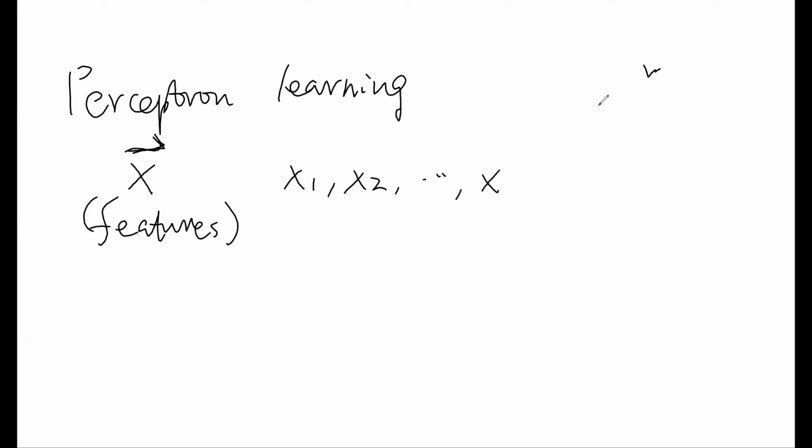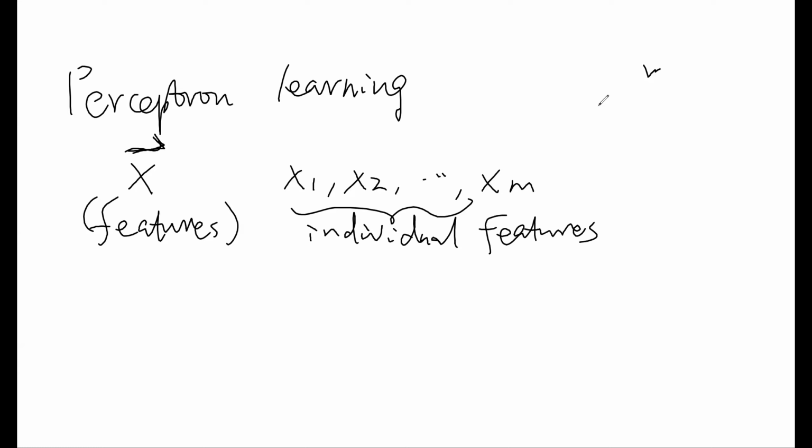You remember we discussed this vector for the features: x1, x2 up to xm. Each one is an individual feature.